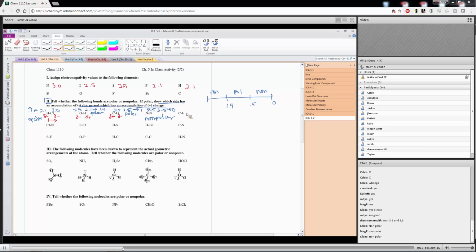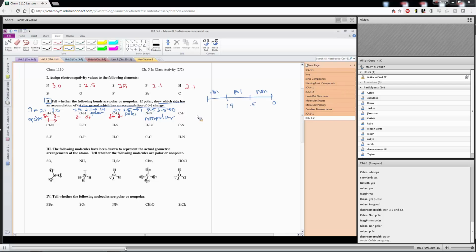Let's do carbon and fluorine. Polar, non-polar? Robin says polar. Shauna Meredith agrees. Okay, can you guys explain why? Justify your answer.